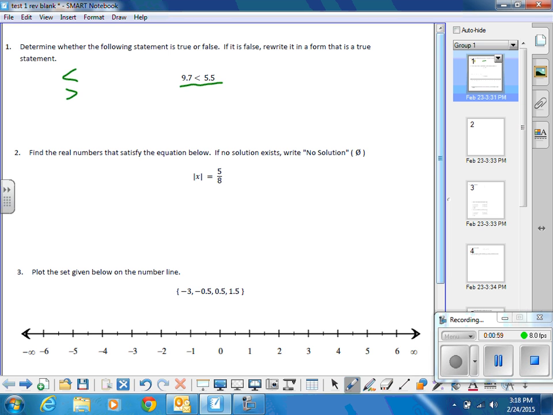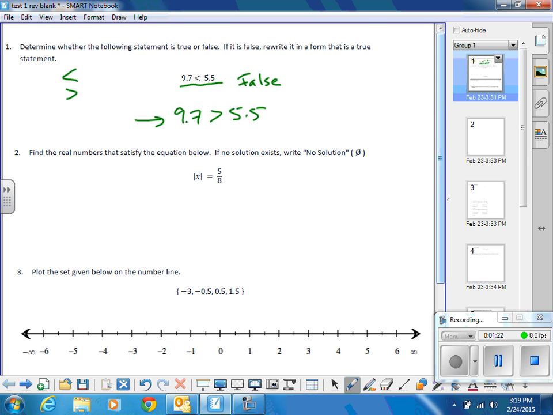You might have heard that it eats the bigger number. Well, this is trying to say that 5.5 is a bigger number, which we know is not true. So in this case, I need to just flip my symbol to be this way. Now that makes it true. So this was false, and this is me rewriting it right here so that I can get the right answer.